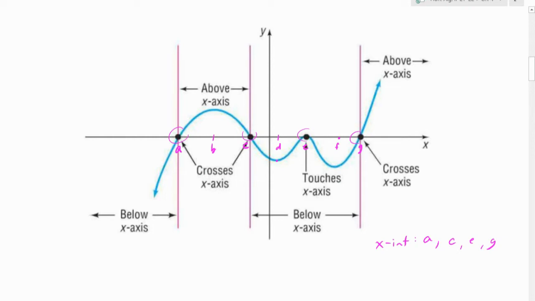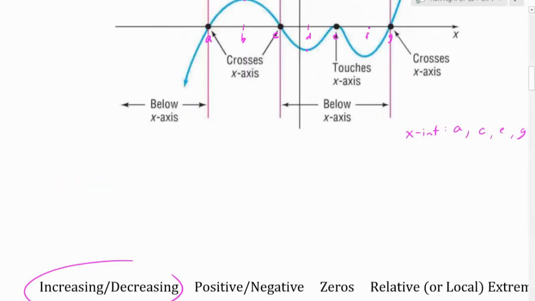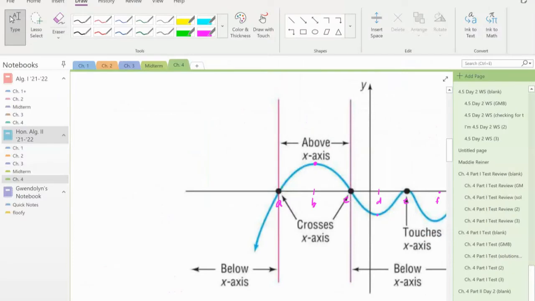Later on in the chapter, we'll figure out how to tell based on the equation which of those it does. It'll all make sense as we go. But that's all what's happening. We can talk about these points right here. Actually, before I do that, I should talk about something we already have discussed, increasing and decreasing. So here, I'll get a highlighter out.